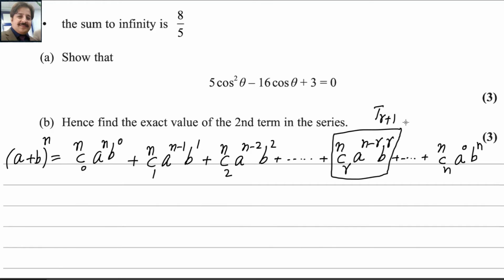Therefore this is the T(r+1) term. This formula is very important to find specific terms, so better memorize it too. The formula for the T(r+1)th term is nCr a^(n-r) b^r.